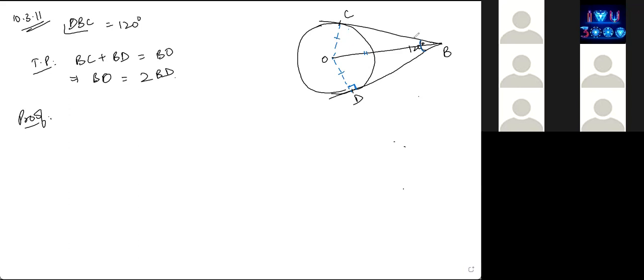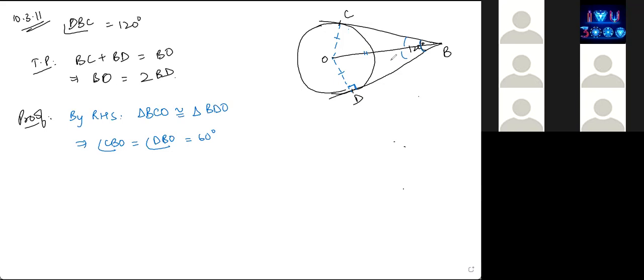We can also say that this angle is equal to this angle. So by RHS, triangle BCO is congruent to triangle BDO, which means that angle CBO equal to angle DBO equal to 60 degrees.